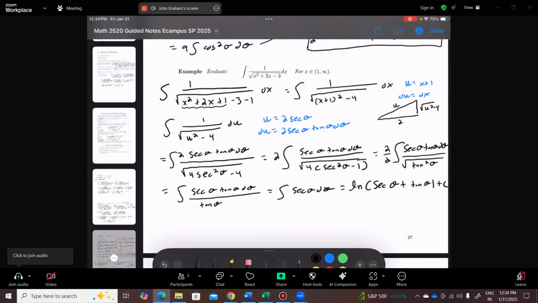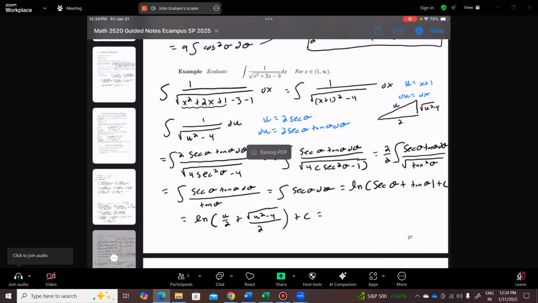So we want to know what secant theta is. So secant is hypotenuse over adjacent, so that'd be u over 2. Tangent theta is opposite over adjacent, so square root of u squared minus 4 over 2 plus c. And then we gotta bring this back to x's.